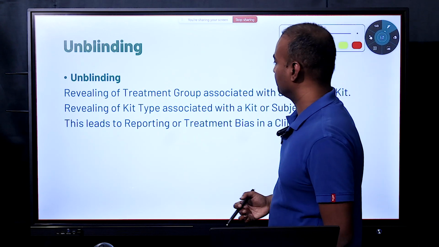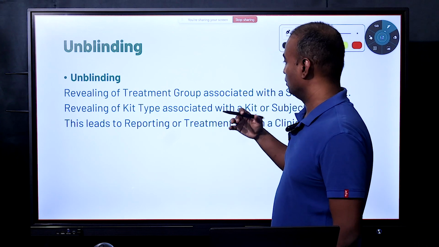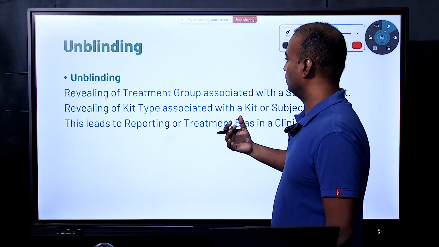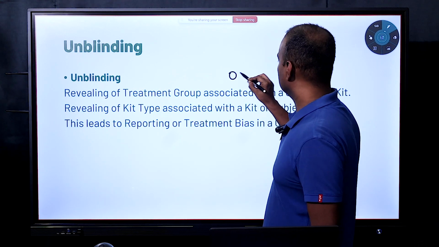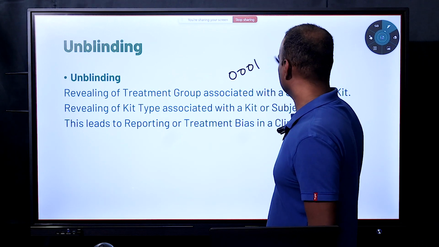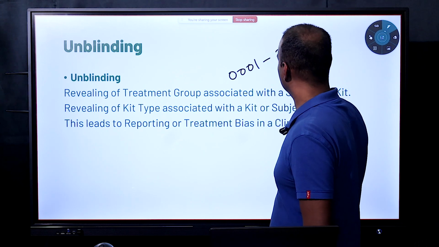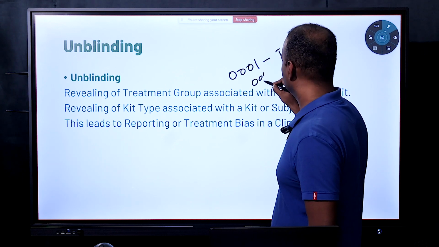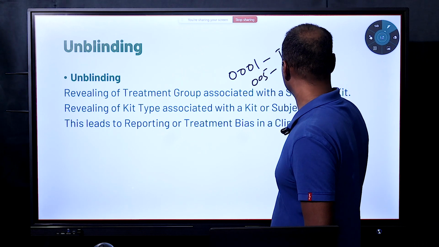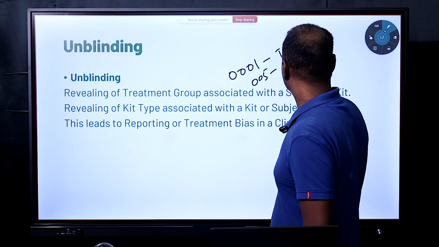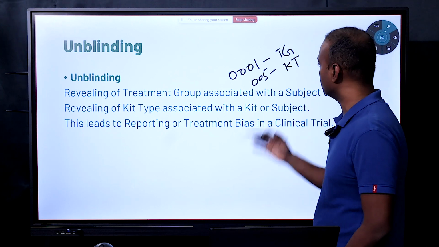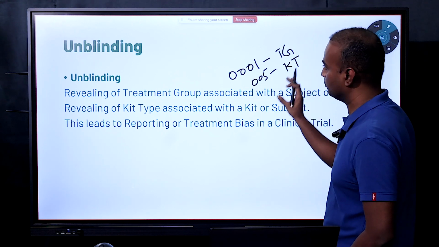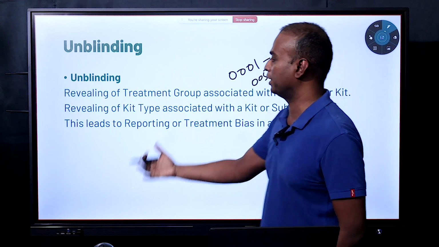Then what is unblinding? If the system reveals that patient 0001 belongs to a particular treatment group, or that kit 005 belongs to a particular kit type, then it is known as unblinding.